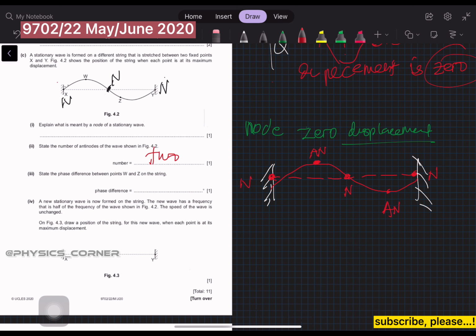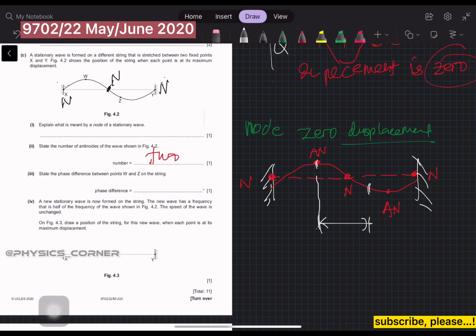Then state the phase difference between W and Z. W and Z is here, I think, this is Z, this is W. How much wavelength is this one?